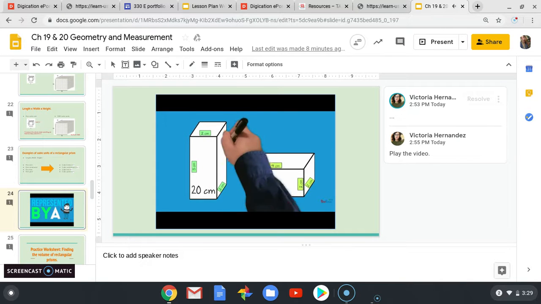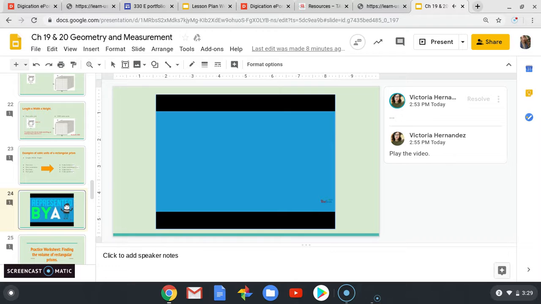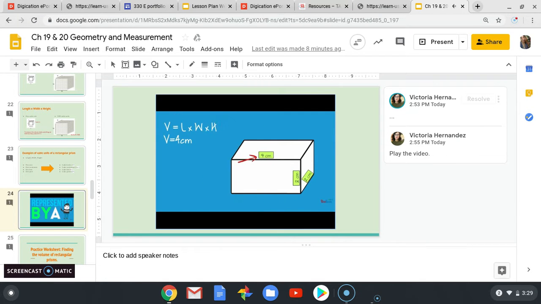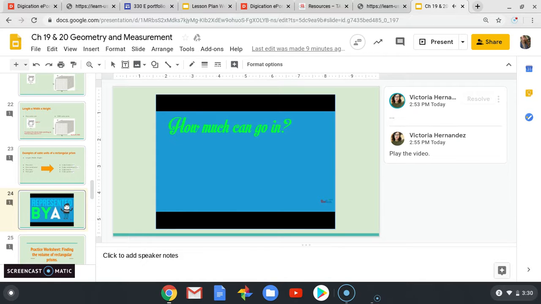Add them together, just remember, don't you forget the three. The length of the base side, the width and discover the height. How much will go in?